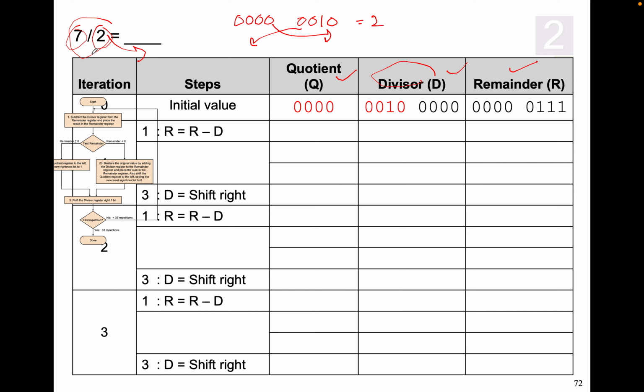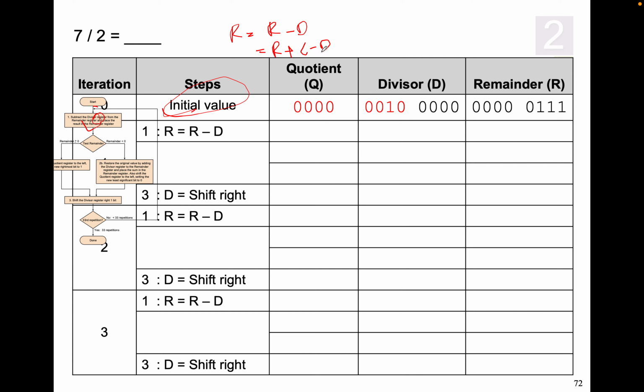And for the remainder, it's similar, and the quotient first is 0. There is no value at the starting initial value. After that, for the first step over here, it is equal to r minus d, equal to r plus minus d. What is your value for minus d? You're going to add second complement because it is a negative number.